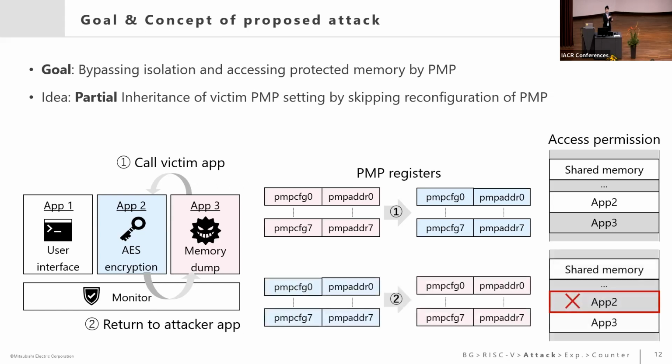Next, the program flow returns to the attacker application, and the PMP registers are also restored. So the attacker cannot access the victim's memory. So we use fault injection to skip the reconfiguration of the PMP settings. As a result, the attacker can obtain the previous permission like this.